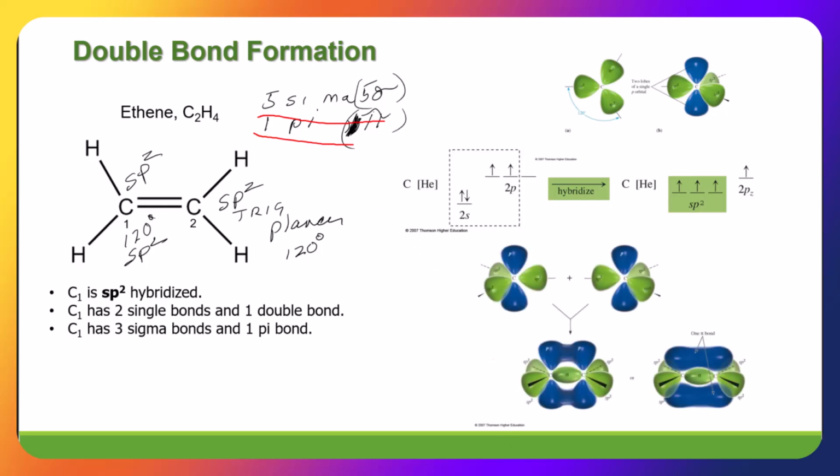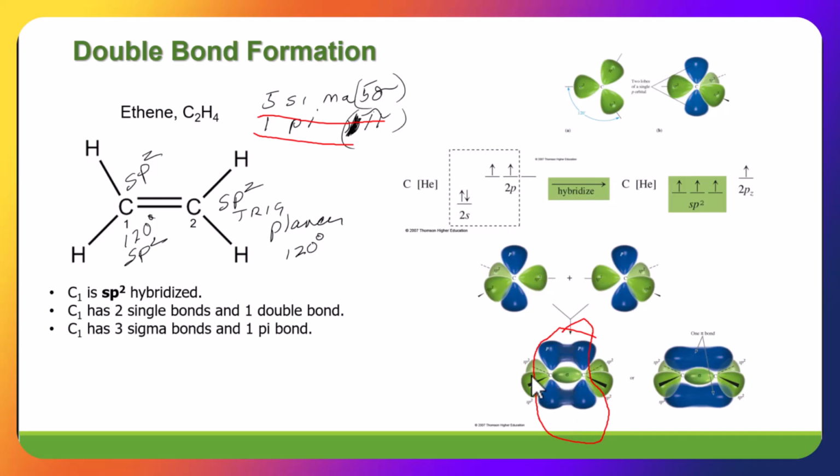Okay. And so this is how we depict this particular molecule. You've got those p orbitals, which are sharing electrons above and below. This is the double bond. So both of these lobes above and below is actually the pi bond.